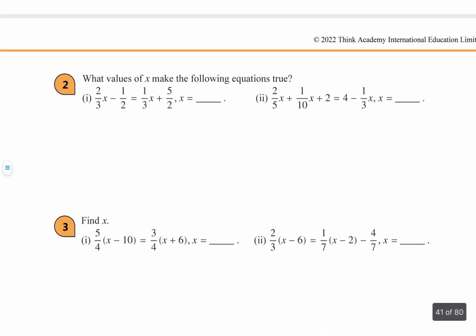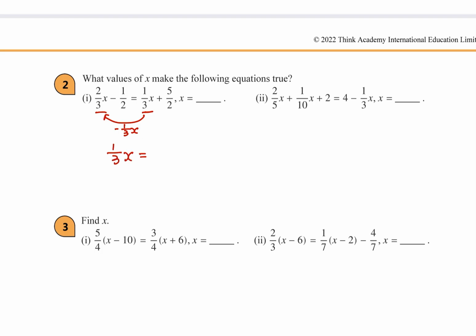And then for homework question number 2, it's getting slightly more complicated. We've got x scattered on both sides of the equation. So what we want to do is move it to one side. To move this one to the left-hand side, we need to take away a third x on the left-hand side. So we will get a third x.